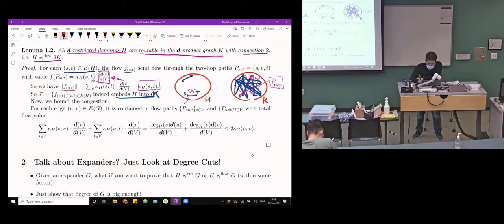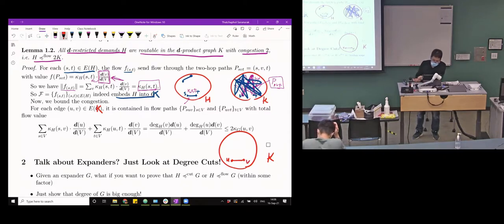So let's say that you have a graph. This is graph K, and then there is this edge UV. So when is it the case that you use this edge?